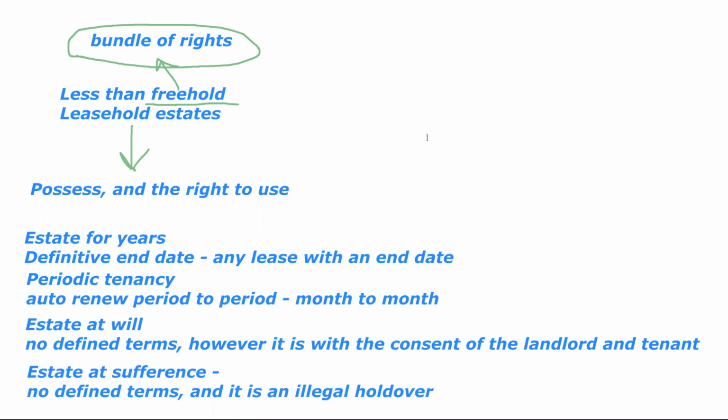So Shakira asked, in an estate at will, are no funds exchanged? Well, here's the thing. As soon as you exchange funds in some manner, shape, or form, you're defining a period. So there's a periodic tenancy. Typically, there are no defined terms. So isn't the exchange of money a defined term?